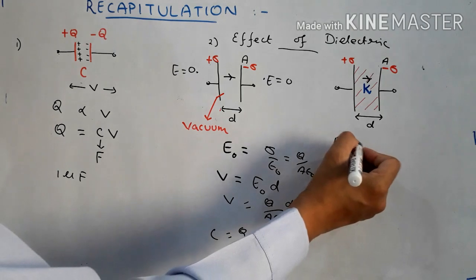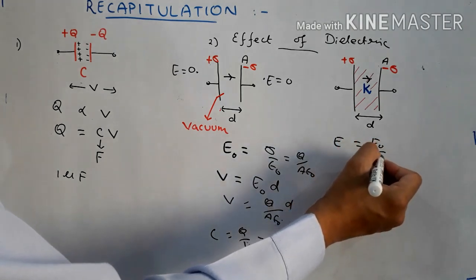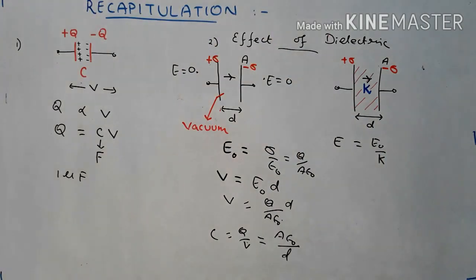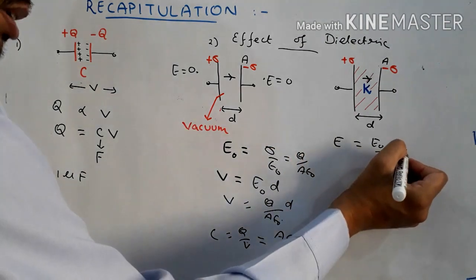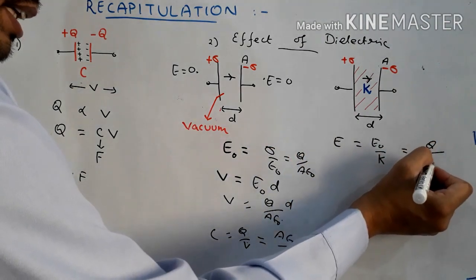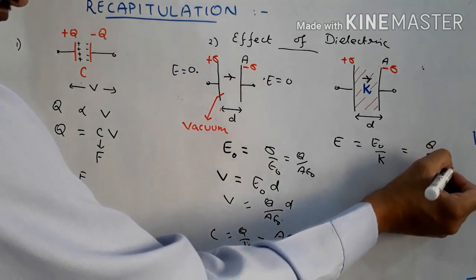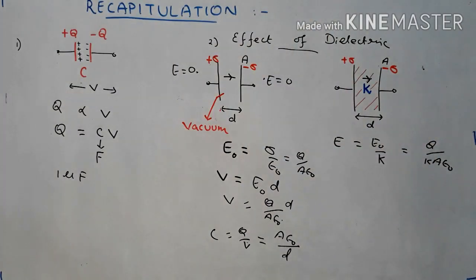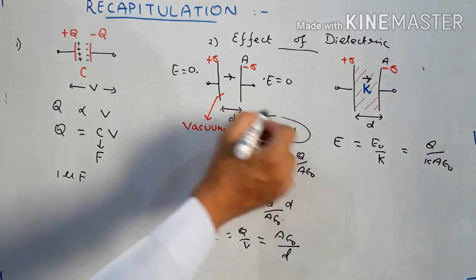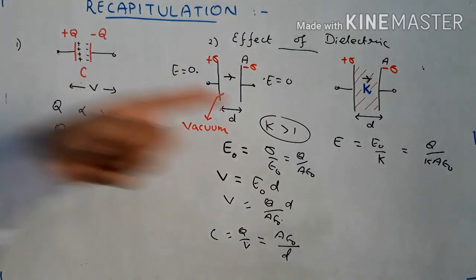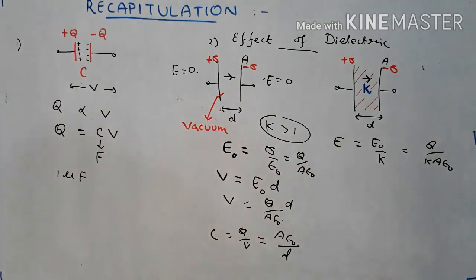The new electric field will be E naught upon K, which means it becomes Q upon K A epsilon naught. Remember, K is greater than 1. That's why the electric field is reduced by a factor of K.